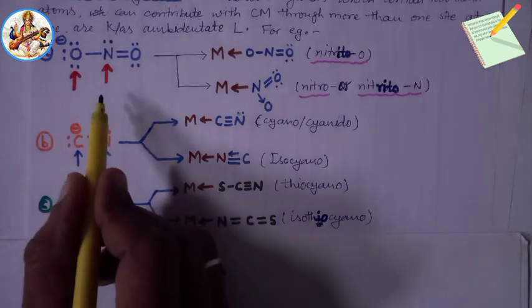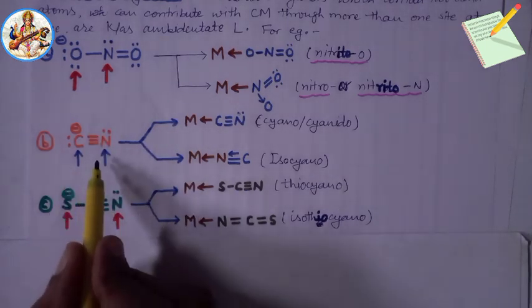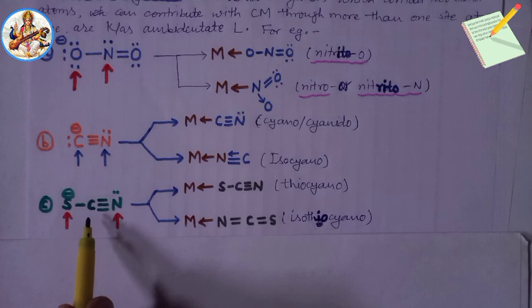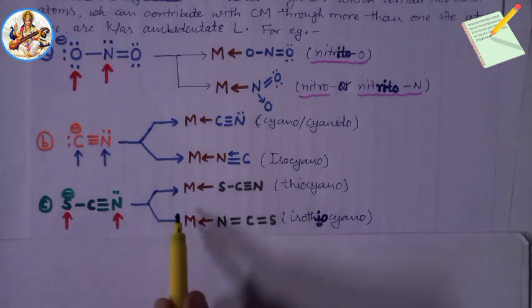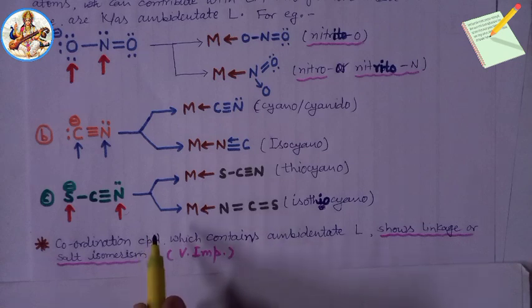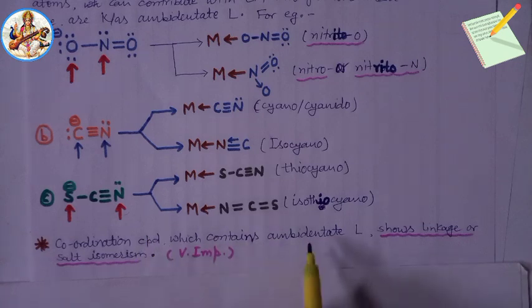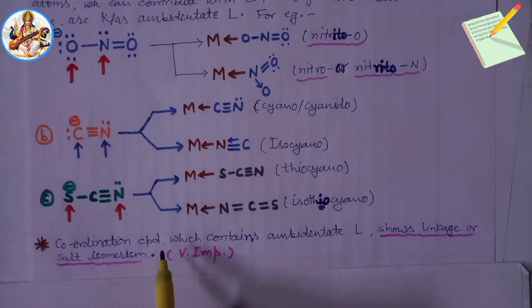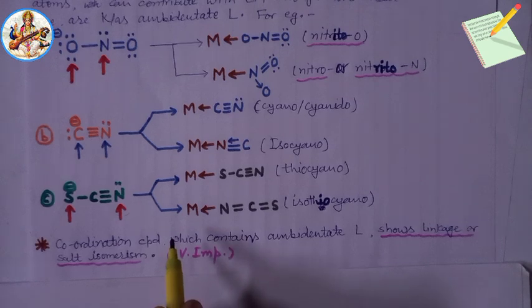So nitrito, cyanido, thiocyano are examples of ambidentate ligands. The next important thing is that a coordination compound which contains an ambidentate ligand shows linkage isomerism or salt isomerism. Very important for your competition also.